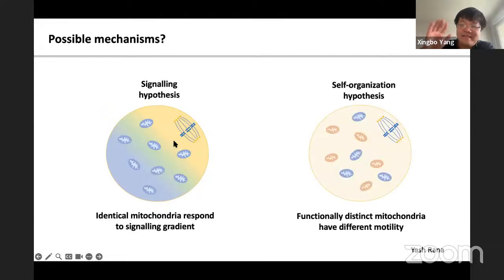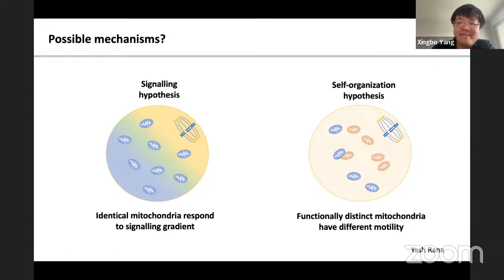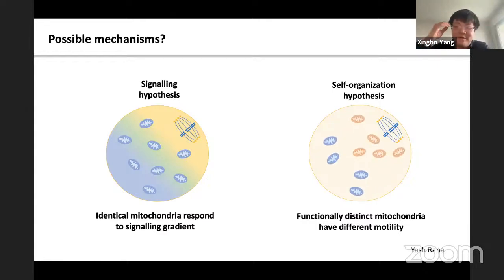Here is the self-organization hypothesis, in which functionally distinct mitochondria have different motility, so they move differently based on their metabolism. I think it's a very bold hypothesis, but we have some evidence to show that this is not completely out of the question. So just stay tuned, and hopefully Yash can tell you more about this.